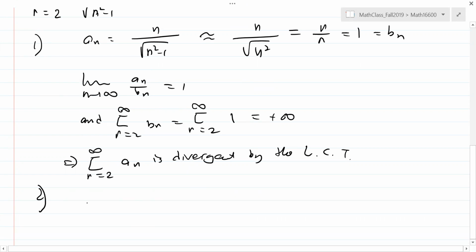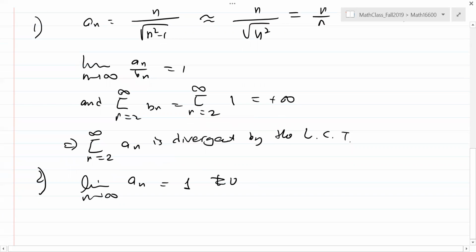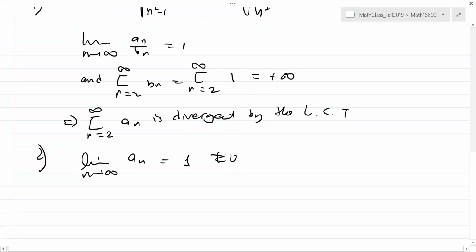Second method, you just look at the limit of a_n. It's easy to see that it's going to be 1, because n squared over n squared minus 1 is 1. Okay, it's obvious. So it's not going to be 0. That's enough. You don't need to compare with any other series.